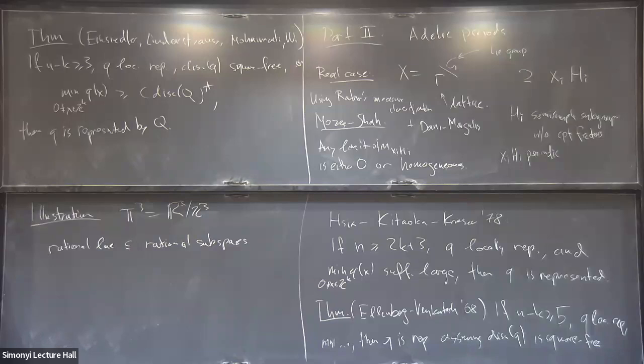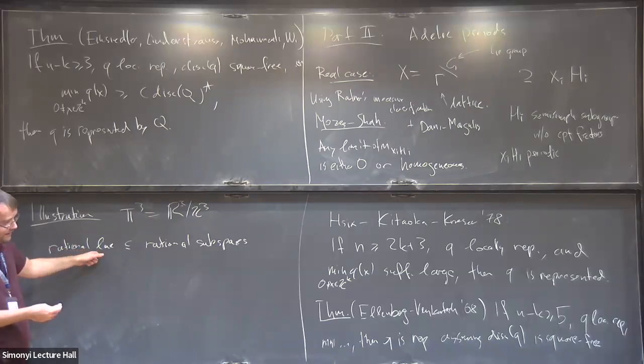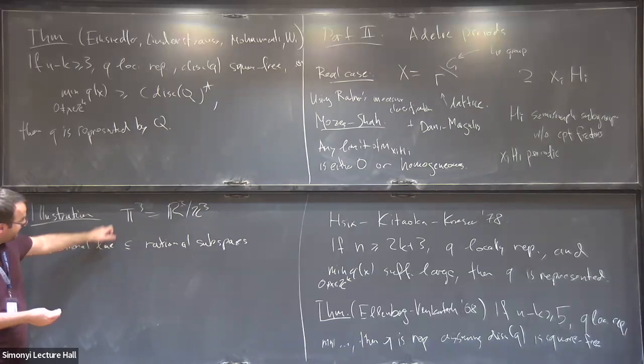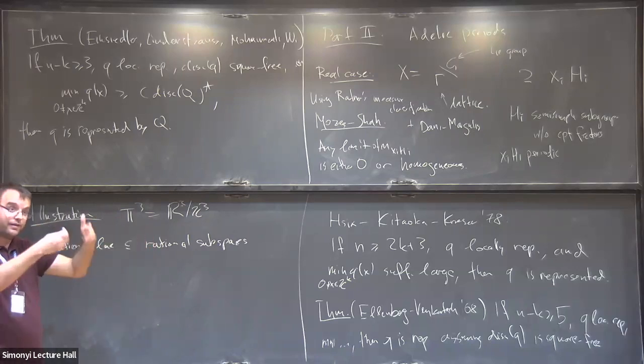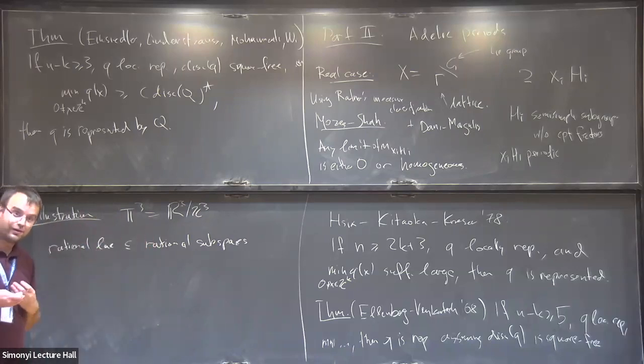So the theorem, a very easy exercise in Fourier series, is that you can show that the rational line approximates the Haar measure on the torus with a rate that is polynomial in the minimum covolume of a rational subspace it is contained in.